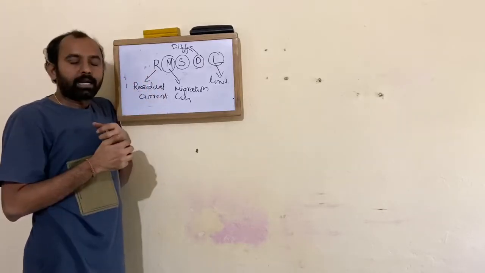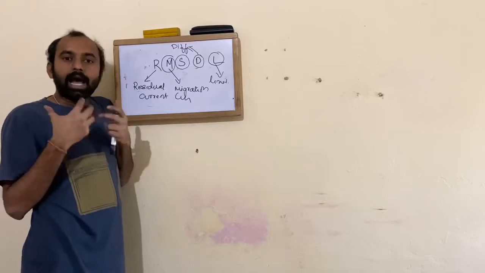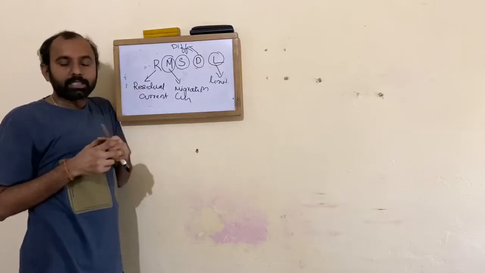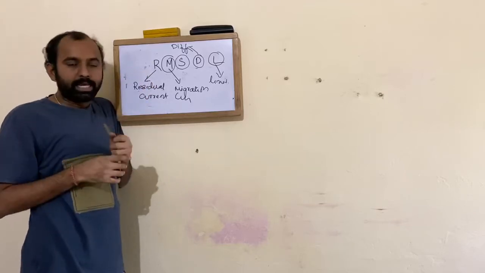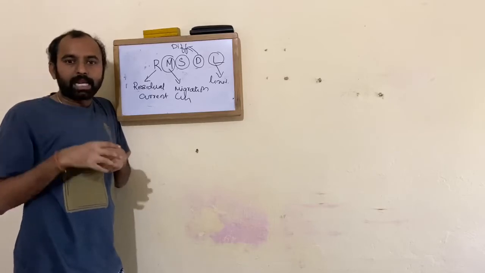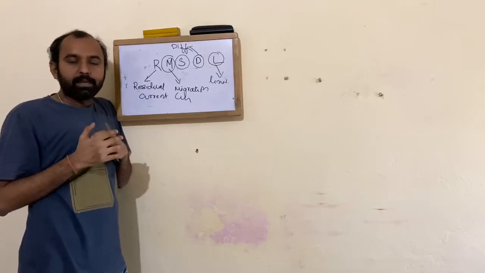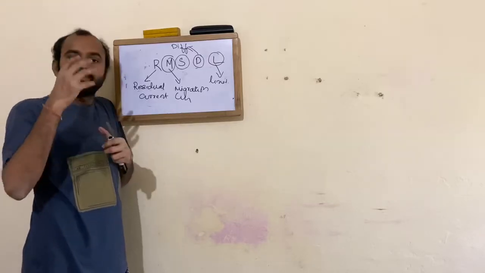And residual current, this is because of sometimes impurities as well as the Helmholtz double layer. So why we use it is, in a solution you add some electrolyte, suppose KCl or anything, which prevents the migration of cations from the solution towards your cathode.